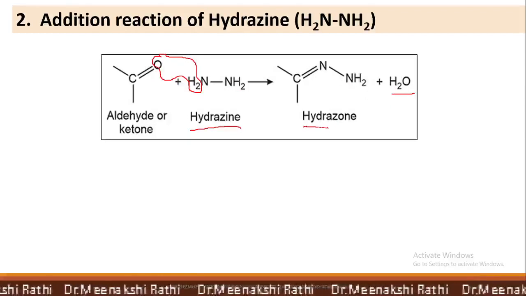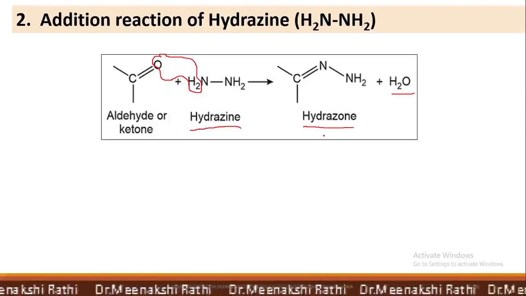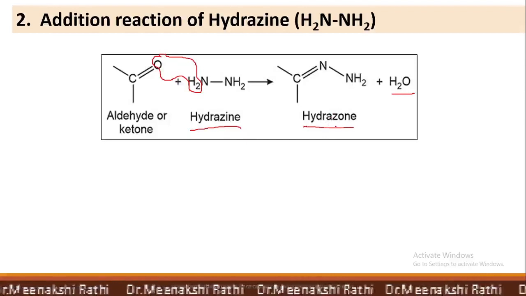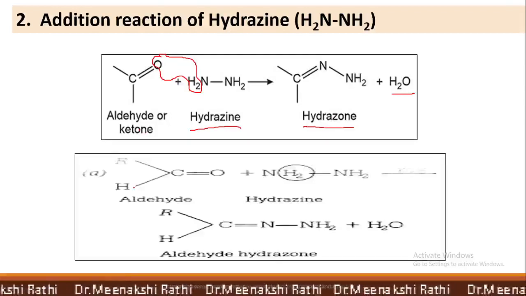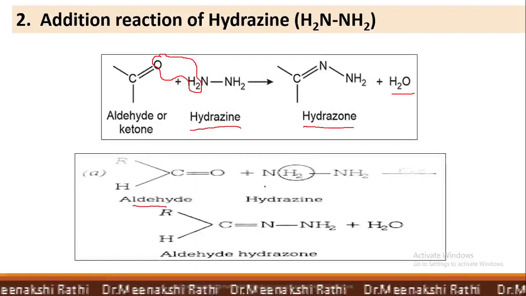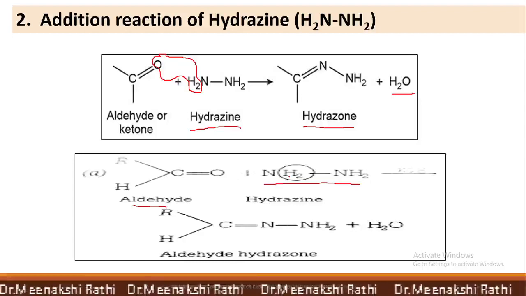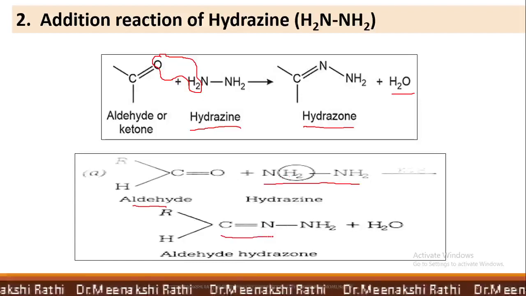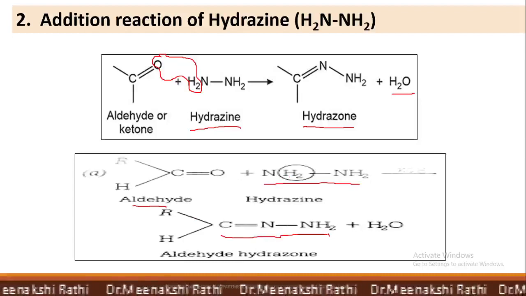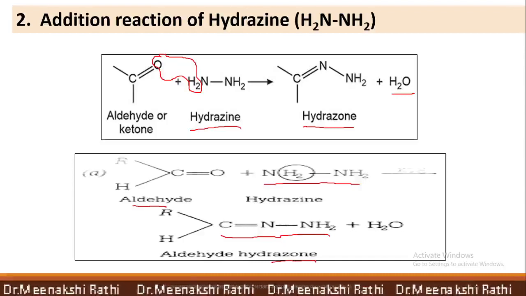This is known as hydrazone. So when aldehyde and ketone react with hydrazine, there is a formation of hydrazone. See here, aldehyde RCOH, when it reacts with NH2NH2, oxygen and hydrogen are removed and there is a formation of RCH double bond NH2. That is aldehyde hydrazone is formed.